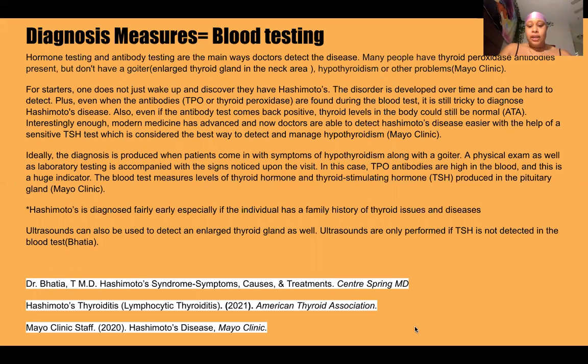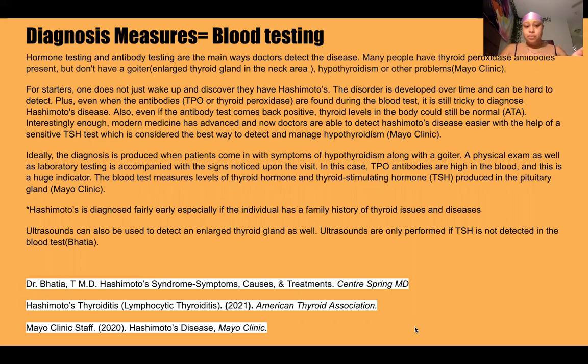Before I give you a synopsis of what it says, for the longest time, Hashimoto's was very hard to detect. Before TSH testing was a thing, some people would do ultrasounds because that would at least let the physician know you have an enlarged thyroid gland, so they could begin carrying out other tests.